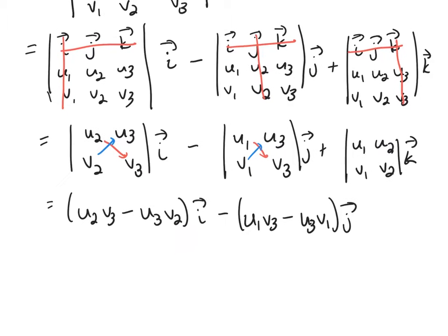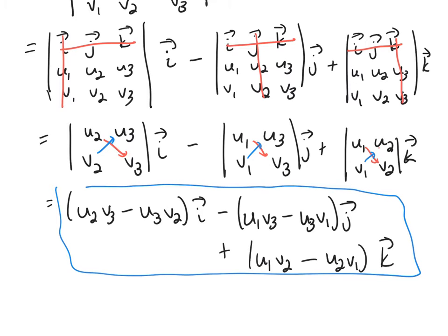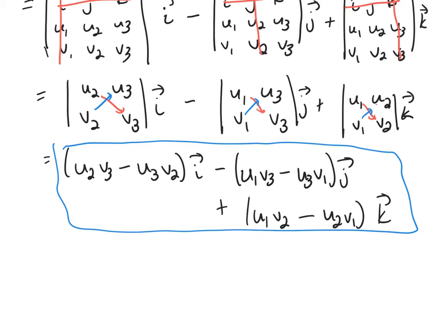I'm running out of room, so I'm going to go down to the next line, plus diagonal u1 v2, and then minus the other way u2 v1 k. If you compare these two formulas, you'll see that this formula is the exact same as the formula we had up above in our definition. It's just a little bit easier to work with determinants, because then you don't have to memorize a formula anymore.